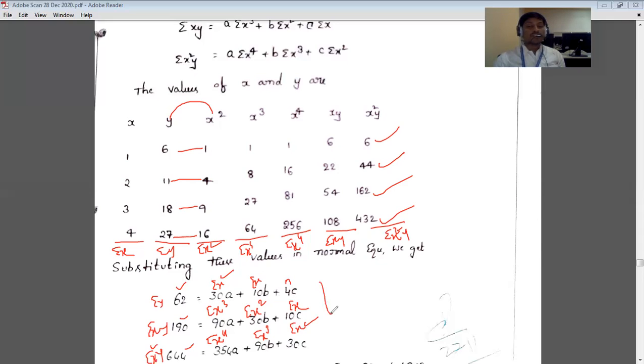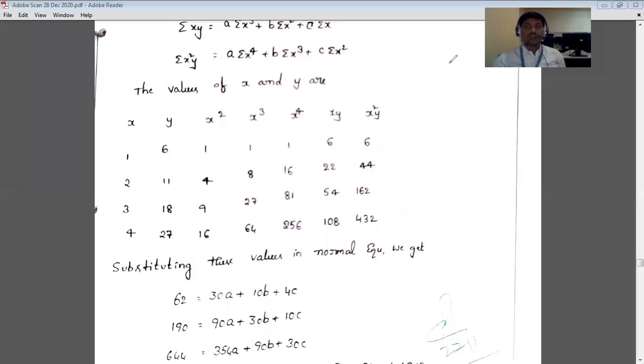By calculator you can simplify these three equations, then we get the values a, b and c. After that we substitute those values into a x square plus b x plus c, and finally we can check whether we got it right or wrong.